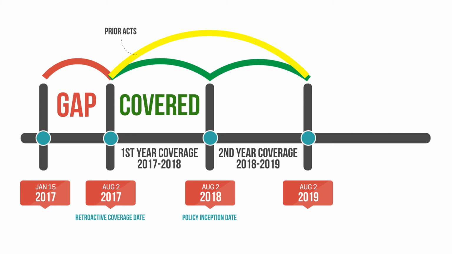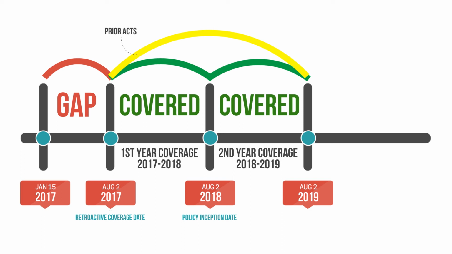The claims made and reported coverage remains the same as it was in year 1. She would be covered for a malpractice misstep if that misstep were to occur during this second policy year, and again on condition that the eventual claim both arises and is reported during this same current policy year.